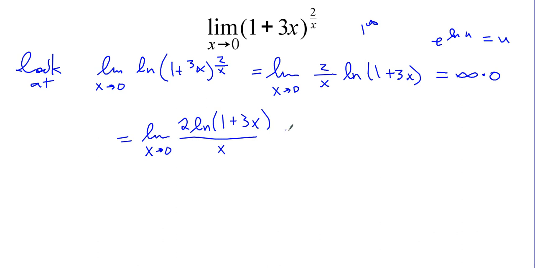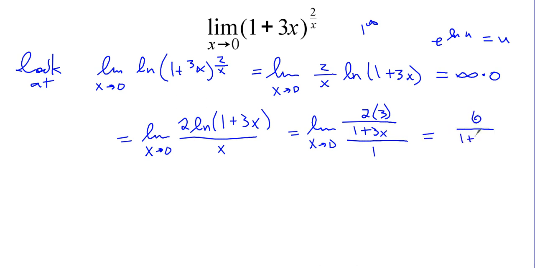And we can use L'Hopital's rule to rewrite this as the limit as x approaches 0 of the derivative of the top, which is 2 over 1 plus 3x times the derivative of 1 plus 3x, which is 3, all divided by the derivative of x, which is just 1. And we end up with 6 over 1 plus 3 times 0. The 1 in the denominator can be ignored. And we have 6 over 1, or 6.